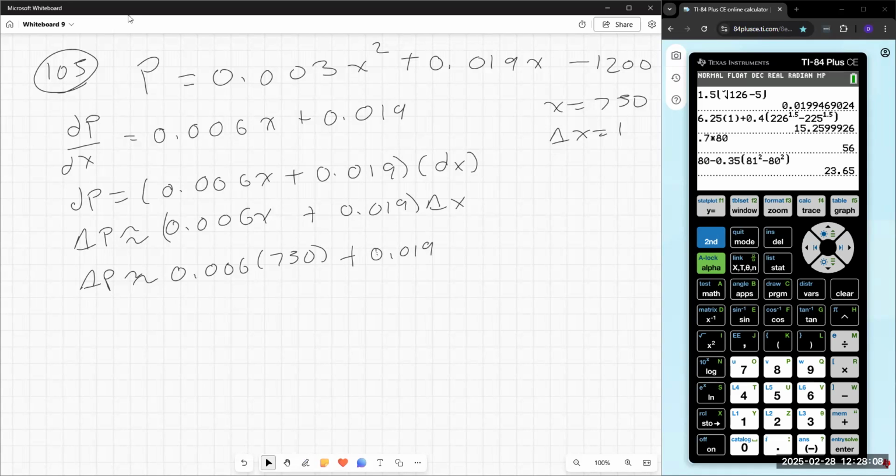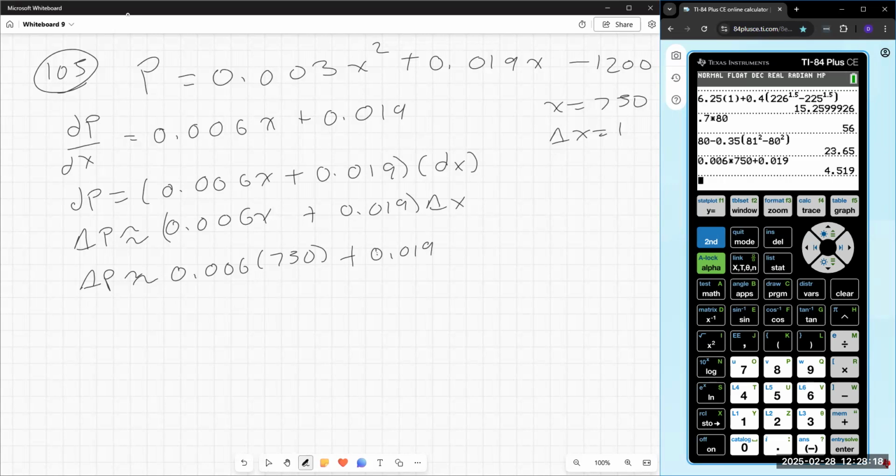It's going to be 0.006 times 750 plus 0.019, about 4.52, when we round to the nearest cent.